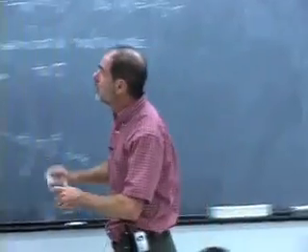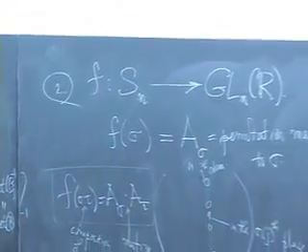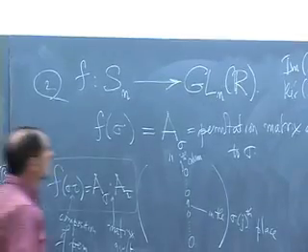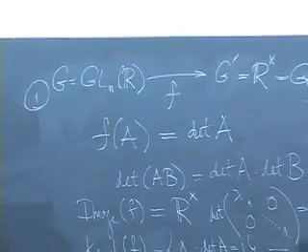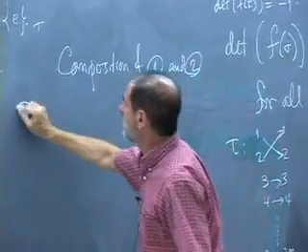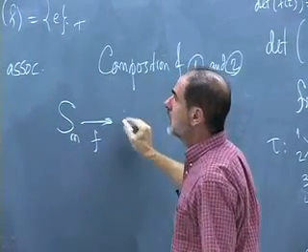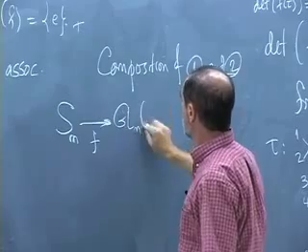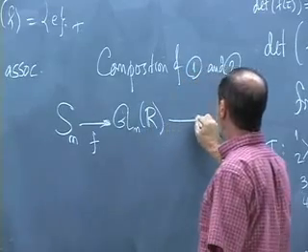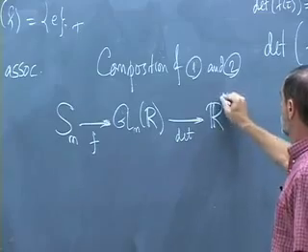Let's call this thing 2, and this one 1. The composition of 1 and 2 looks like this. First, you take the symmetric group by F into the general linear group, and then you compose this with the determinant homomorphism to R star.